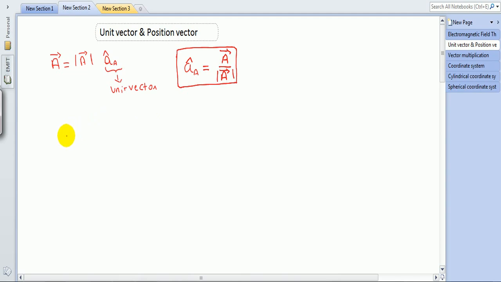Now we will see what is position vector. For position vector we have to consider a coordinate system.